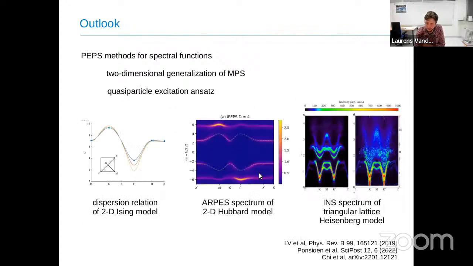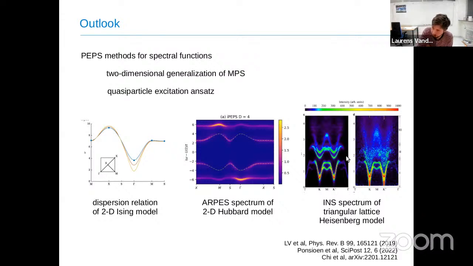And it appears that this quasi-particle excitation analysis you can just do. We did this: you can optimize a PEPS ground state and then compute the excitation spectrum. We looked at the 2D Ising model and got very good results. Recently, the Amsterdam group used this approach to compute the spectrum of the 2D Hubbard model.